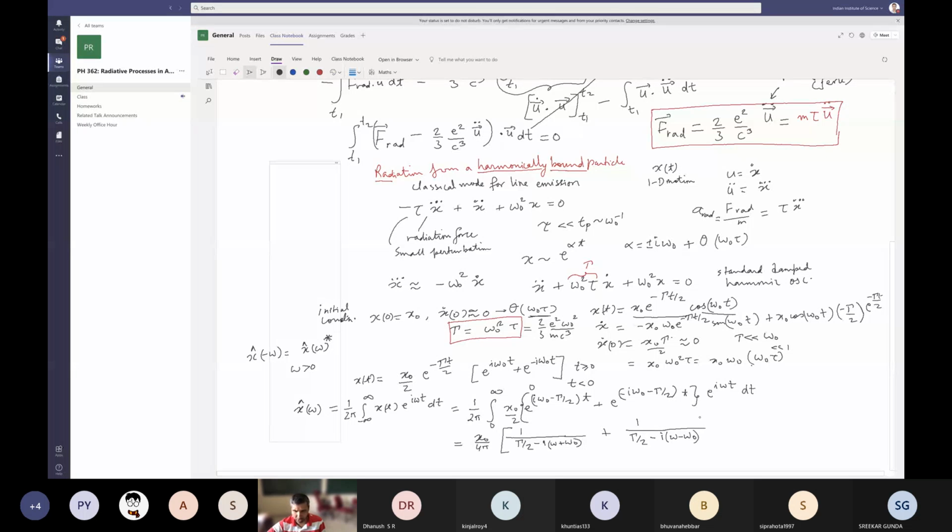So this is your Fourier transform. Now you have put the limit 0 to infinity. So the infinity part gives you 0 because e to the minus gamma by 2 infinity gives you 0. But the 0 part gives you these two terms. So this is your x tilde omega. These are your Fourier coefficients here in the frequency space.